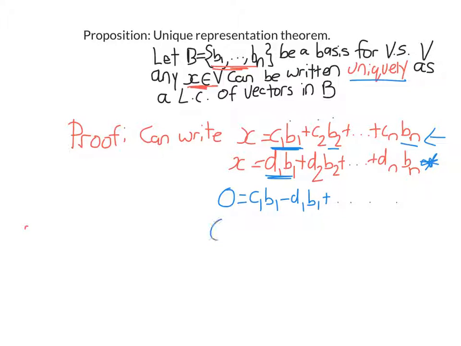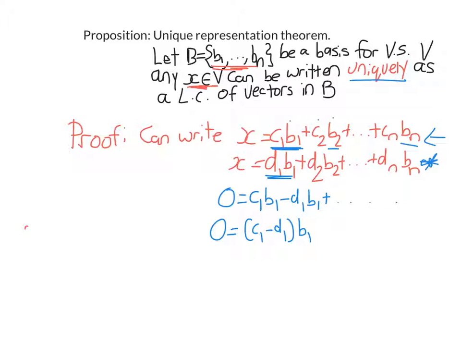But I can write that as (C1 minus D1) times B1. So I've used one of the axioms of vector spaces here, the 8th axiom, although on the first screen there was a plus between the C and the D, but remember C plus negative D is the same as C minus D.